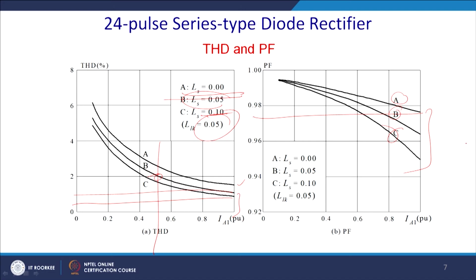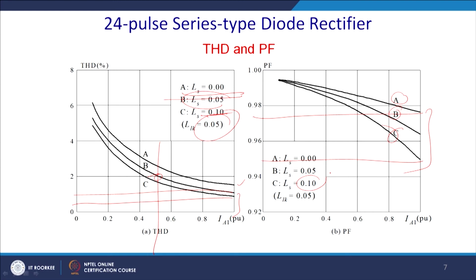B is well above 95% at full loading, and if your loading decreases, then definitely the power factor gets better. So, you have no problem, and C can reach around 93%, but generally the C curve does not apply, because it requires huge source inductance and it is generally not externally connected.